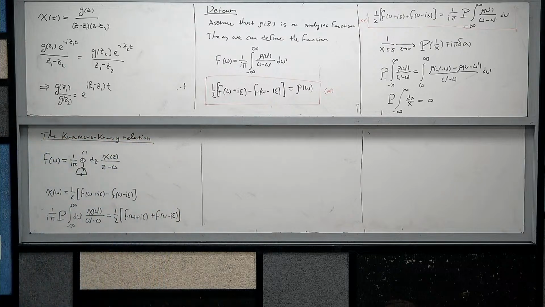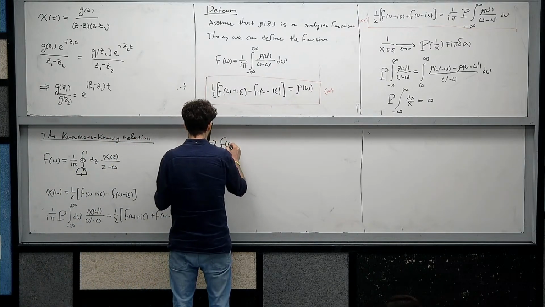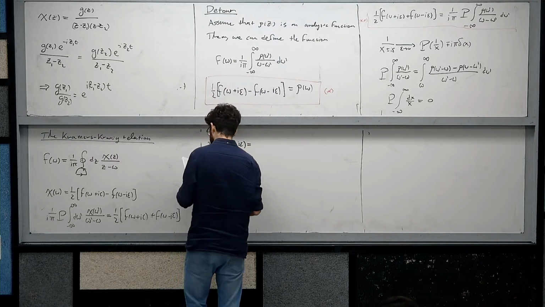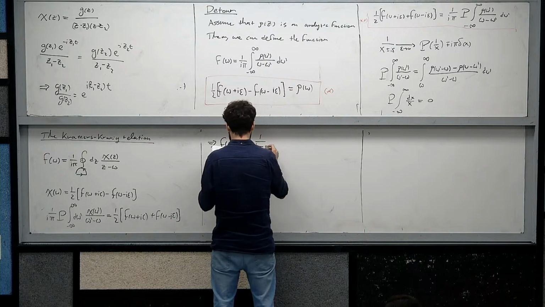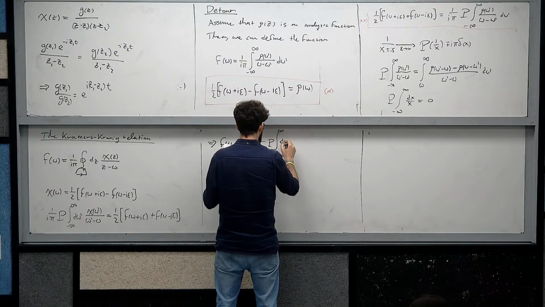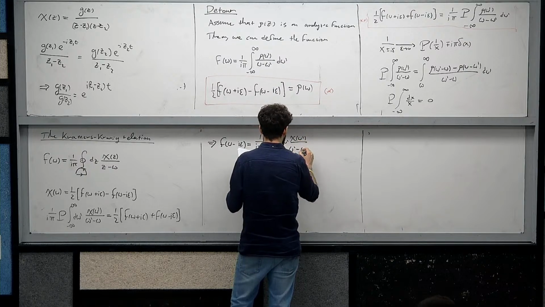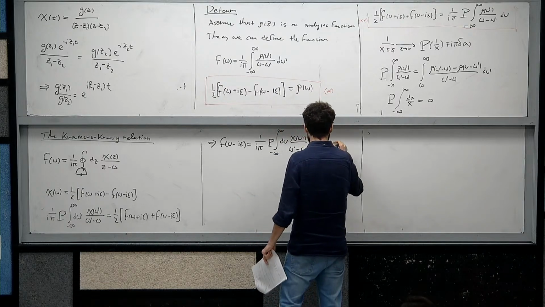Okay. So that's the first thing. Now we can take the difference between these two equations, and therefore we get that f of omega minus i epsilon is equal to 1 over i pi, the principal value from minus infinity to infinity, d omega prime, chi of omega prime over omega prime minus omega, minus chi of omega.